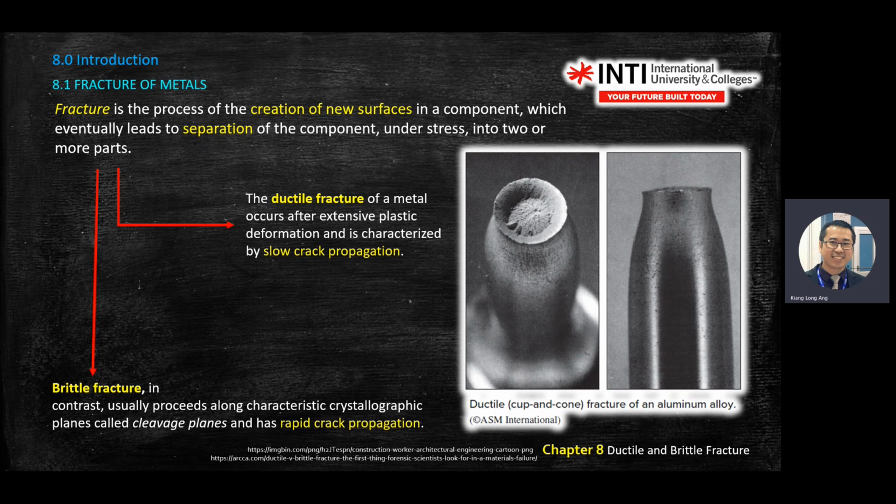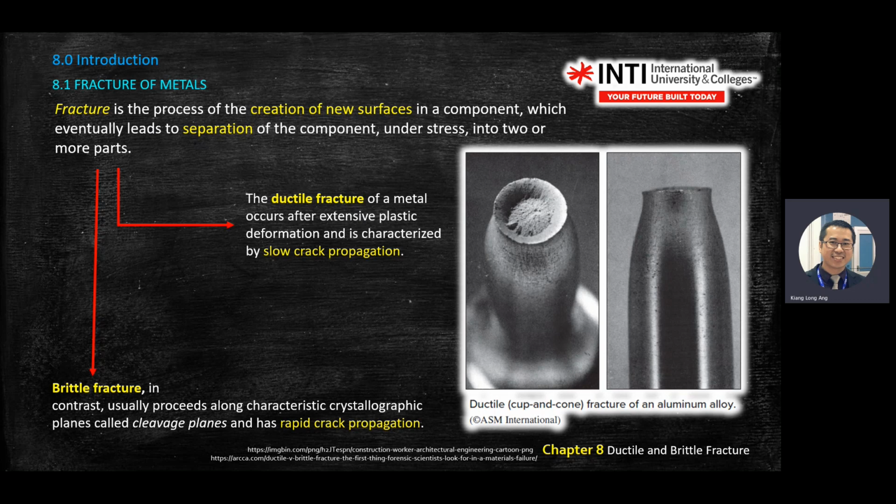What I mean by new surface here is the area of that component, right? Let's say this is a complete cylinder. These are the original surfaces, right? So how do you calculate the total surface area of this component?